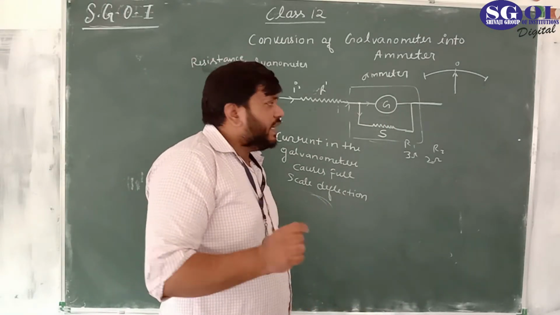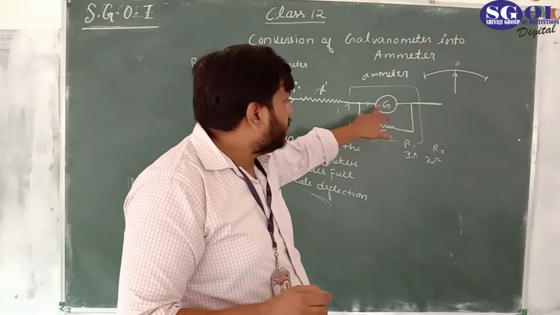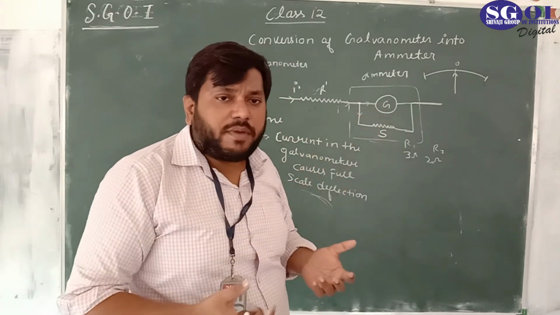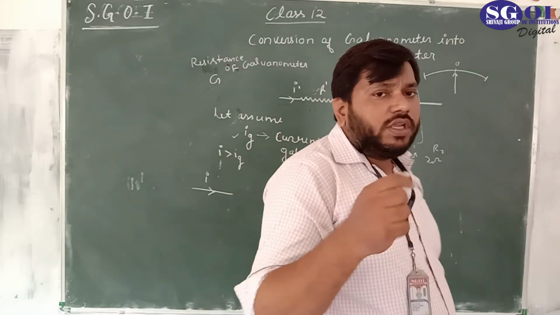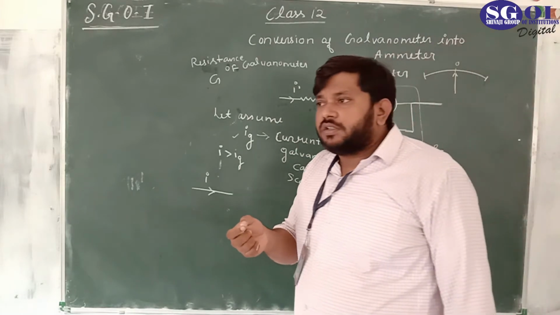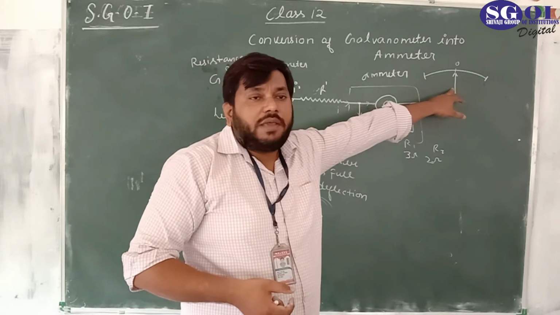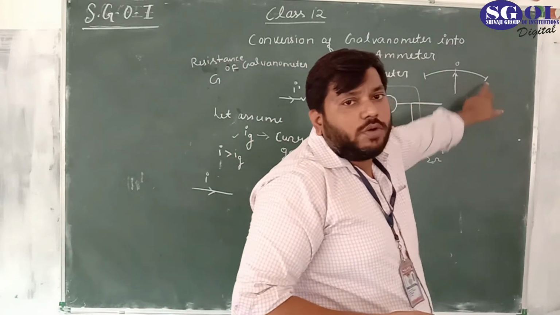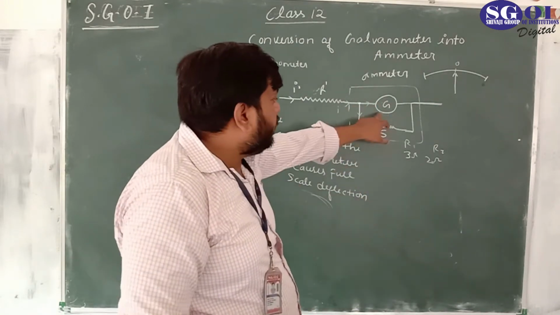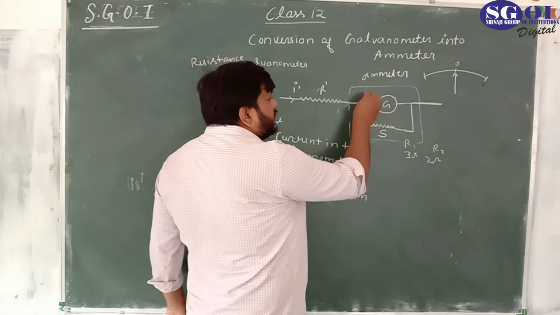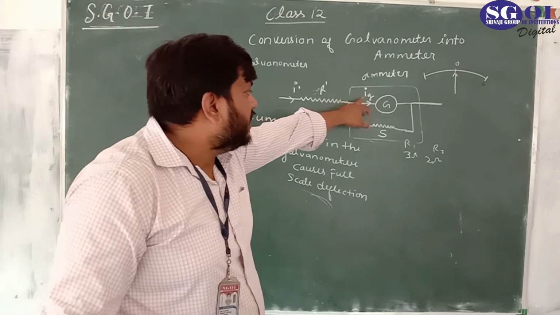So how is it decided? It is decided by the current which is flowing in the galvanometer. What maximum amount of current will be flowing in the galvanometer? Because if the current flowing in the galvanometer exceeds this particular maximum current, then the galvanometer could be damaged by striking the stop pin, as we have seen. We have already defined this current as Ig.